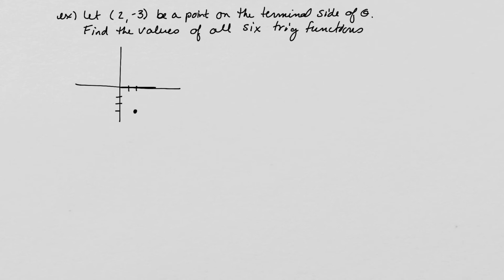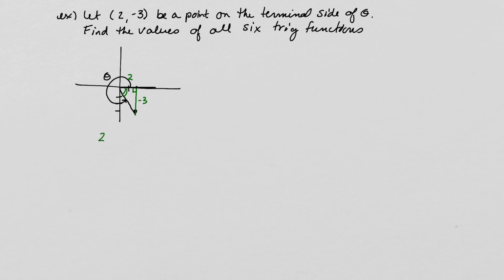That angle starts here, ends here, and goes all the way around this way. That's my angle theta. For my reference triangle, I'm going to draw up to the x-axis. We're talking about this angle in here. This side here is 2. This side going down is -3. And then again, we have to use the Pythagorean theorem to find r.